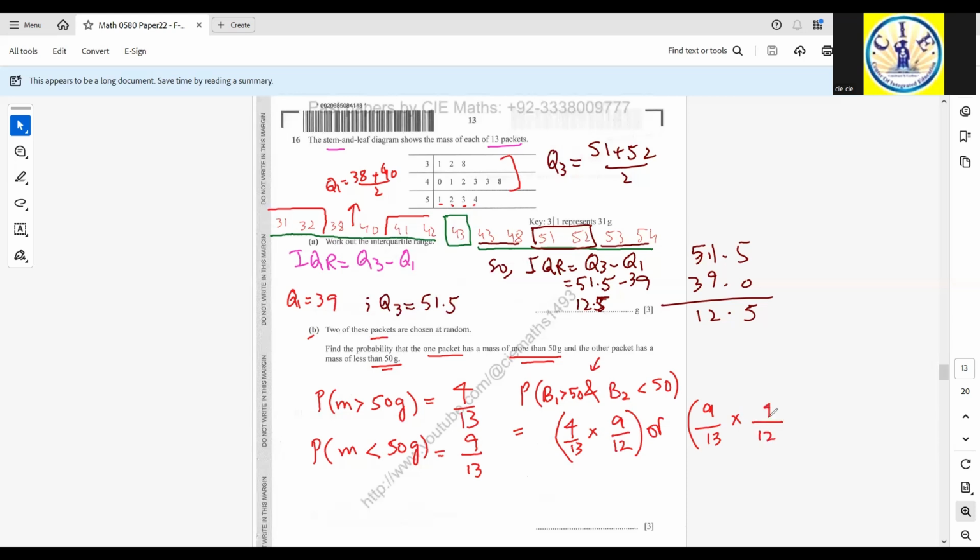So 4 out of 12. For this OR concept, I'm going to replace it with plus. So I can do 2 times 4 by 13 times 9 by 12. Now I can simplify it: 4 threes are 12, and then 3 ones are 3, 3 threes are 9, which is 2 times 3. So the answer is 6 divided by 13.